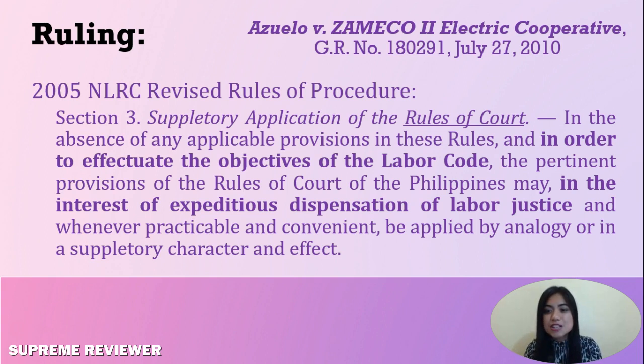Okay, so the unjustified failure of a complainant in arbitration proceedings before the labor arbiter to submit his position paper is akin to the case of a complainant's failure to prosecute his action for an unreasonable length of time in ordinary civil proceedings.